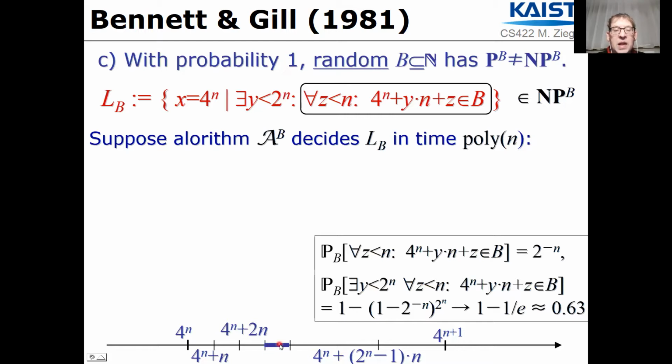So intuitively, an algorithm must really look at every single element here, because otherwise it would make an error. And same here, and same here, and same here. And now let's make that formal.